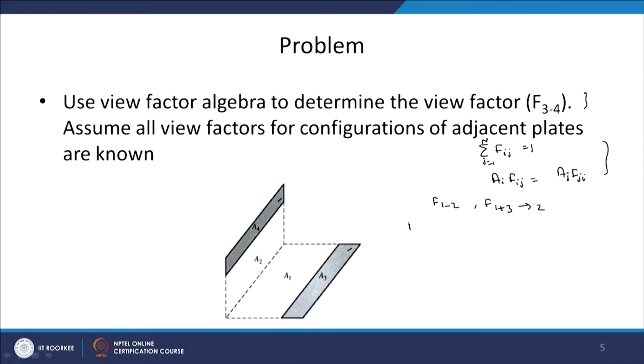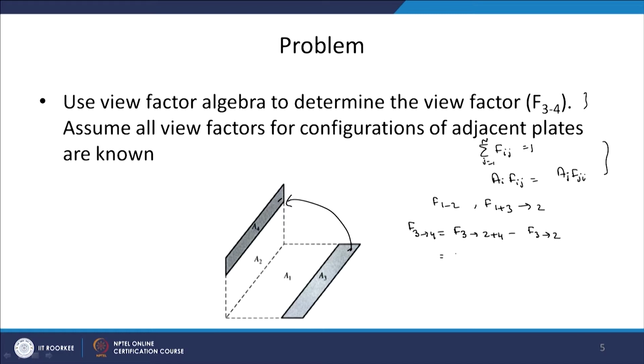So, we write F 3 to 4 as equal to F 3 to 2 plus 4 minus F 3 to 2. This is simply the summation rule. F 3 to 4 is equal to F the entire vertical plate 2 plus 4 minus F 3 to 2. Then we write using the reciprocity theorem.